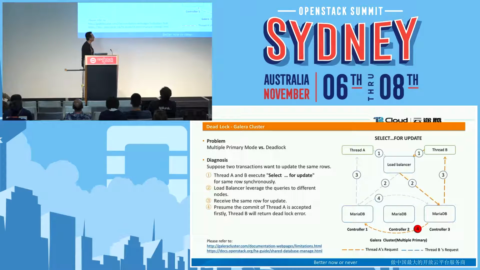In traditional deployment of OpenStack, MariaDB cluster always hide behind the load balancer, like this one. The official document of OpenStack community also recommend us use the master backup mode to avoid deadlock, but it makes the master node the hotspot.